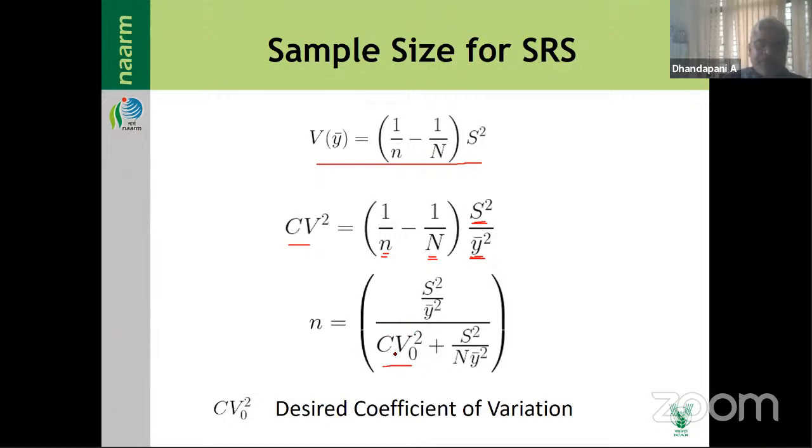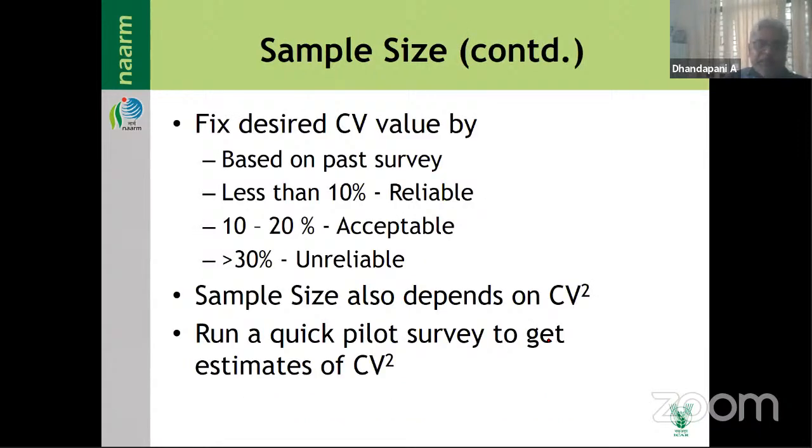So we can fix this because this is our desire, the desired CV we want. But this quantity is still sitting in this equation to solve for the sample mean. Now the first question I will try to answer is, what will be the desired coefficient of variance, CV?